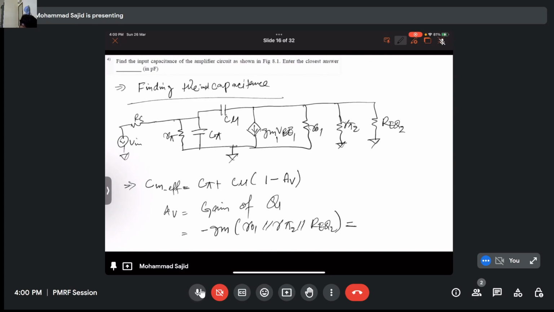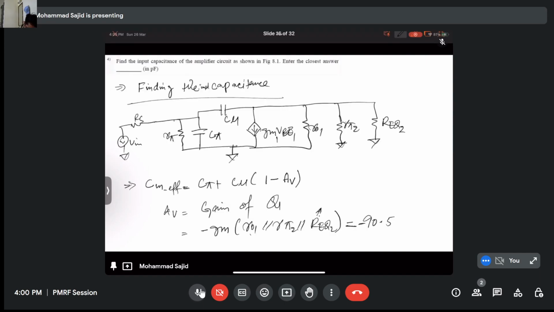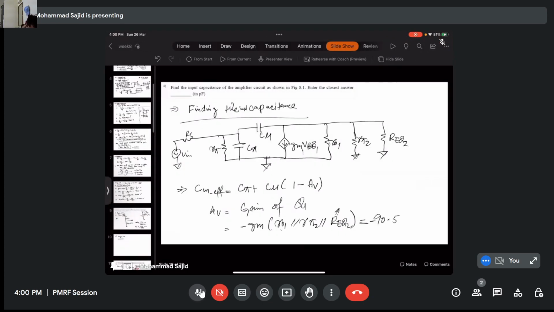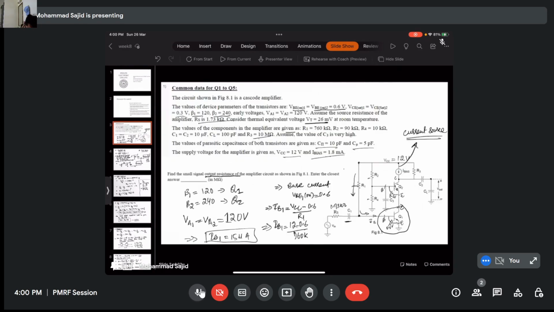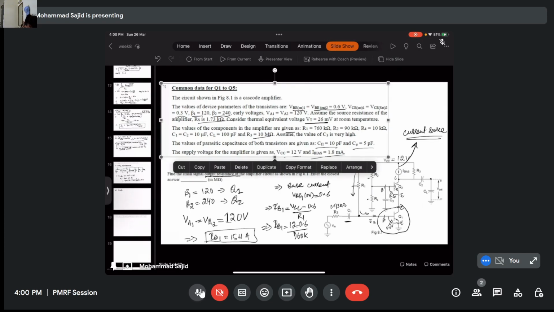We know these values, right? You just have to calculate this equivalent resistance. So you will get an answer of 90.5. Now, if you substitute it, C input effective will be, what is C pi? C pi is 10 pico, C mu is 5 pico.